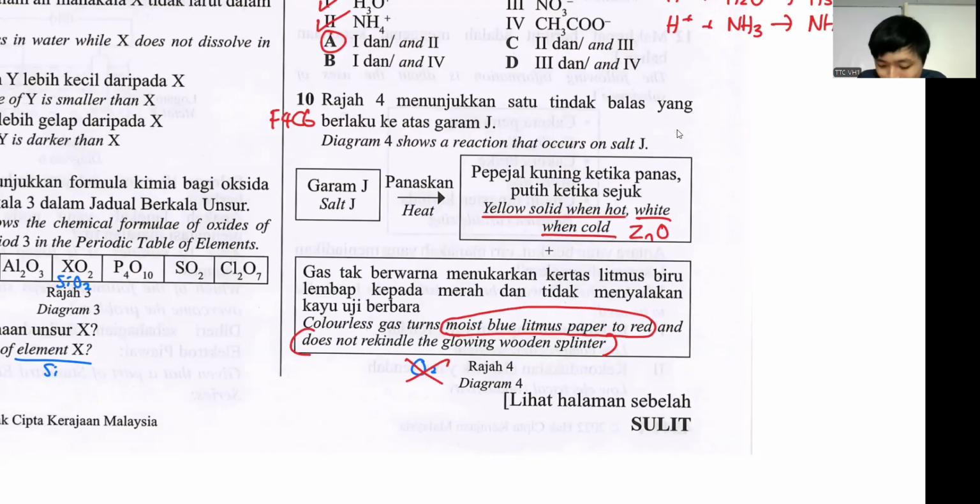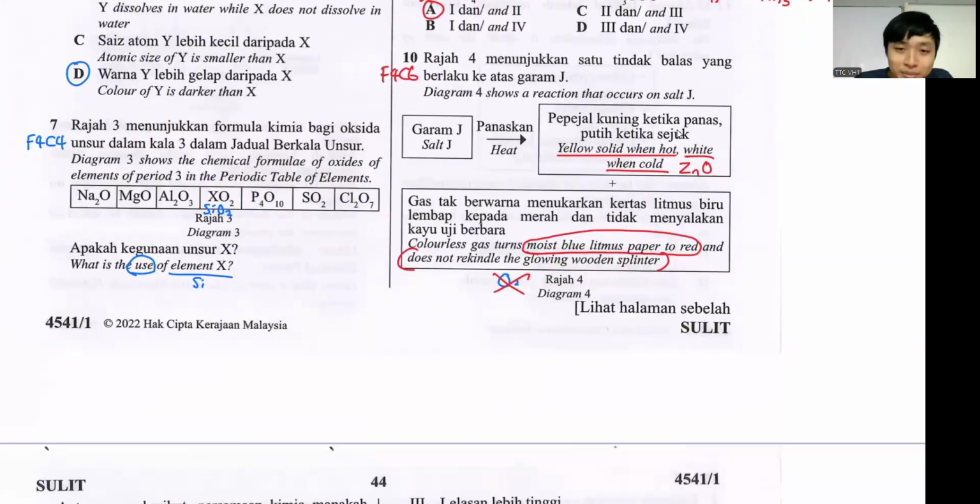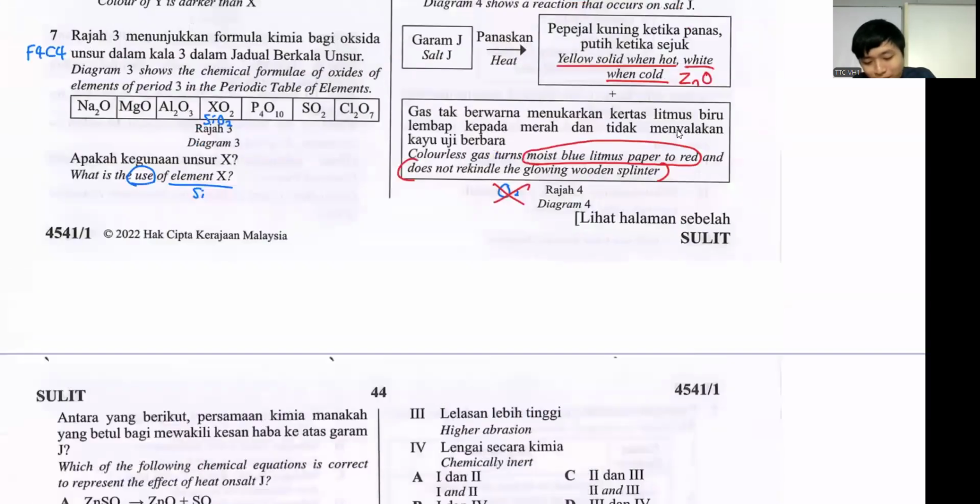You might think this is nitrogen dioxide, right? But it cannot be nitrogen dioxide because it's colorless. Nitrogen dioxide is a brown gas. So the colorless one, funnily enough, is not carbon dioxide gas. Which of the following is correct?